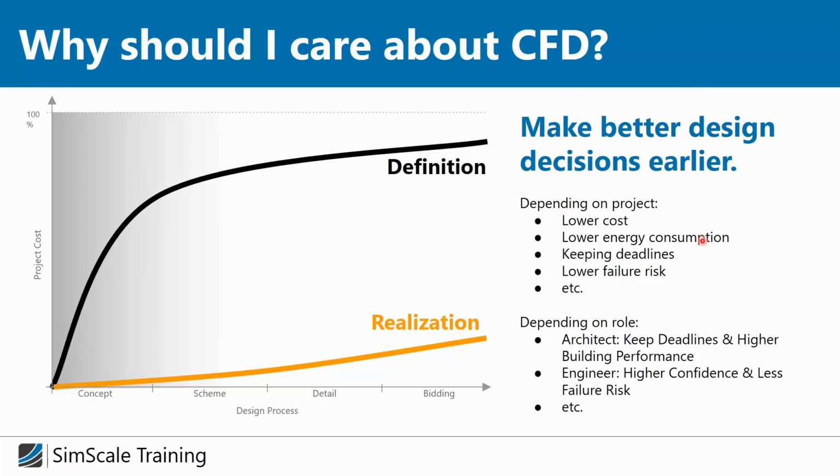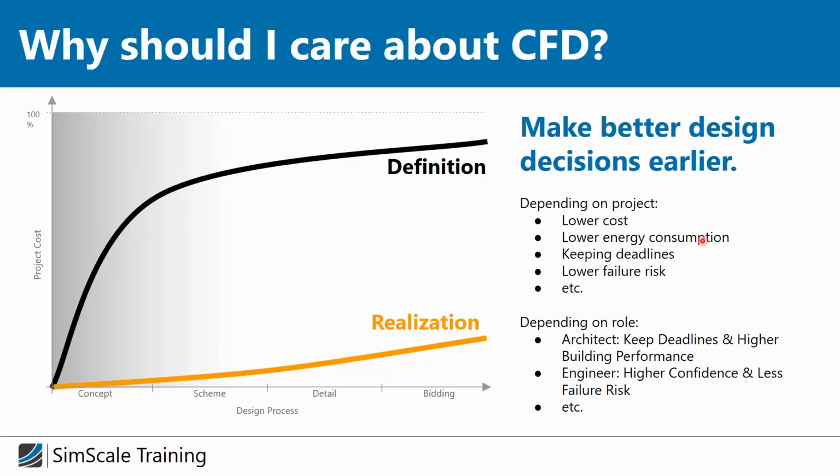And for sure, this kind of process can be applied in different industries. Depending on your project, it can help you to reduce the costs for design and manufacturing the product. It can help you to reduce the energy consumption of your product. It will massively help you to keep deadlines. But there's also another perspective.